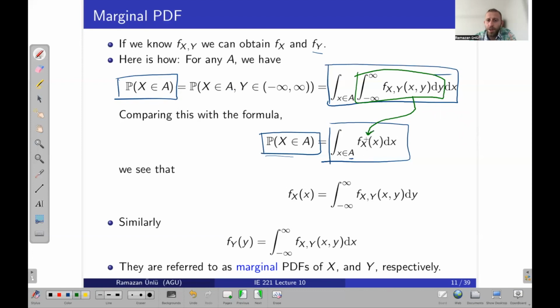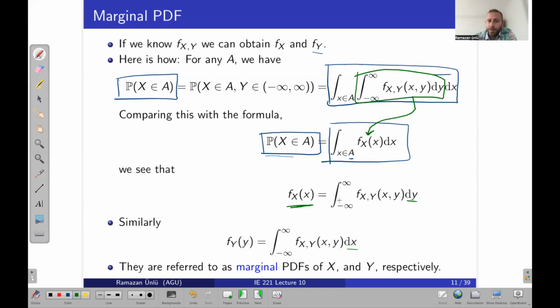So what I can say is that f of x is equal to the integration of f of x and y dy. And similarly, if I change the variables, I will get f of y is the integration of f of x and y dx.